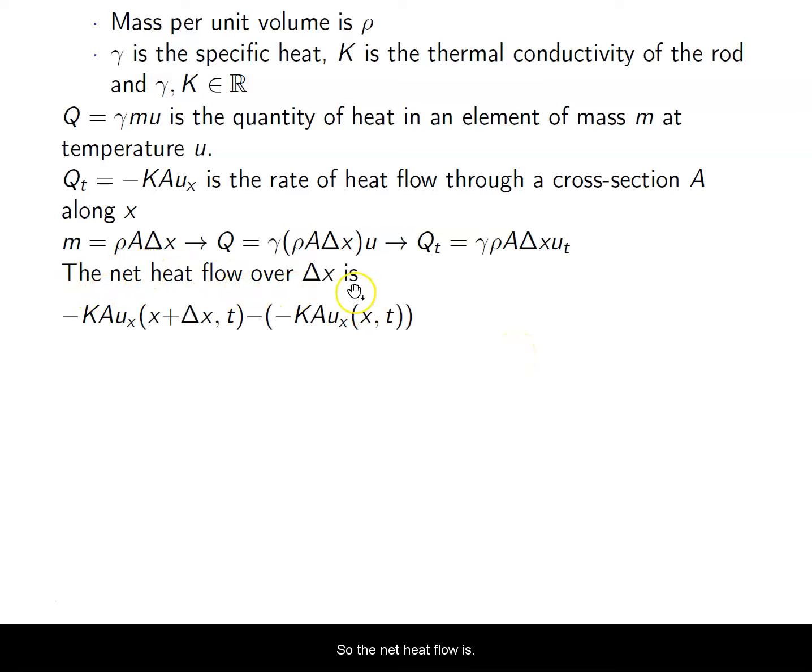So the net heat flow is the difference from a little bit beyond X and my initial point of X, as far as the rate of heat flowing between those two points, right?